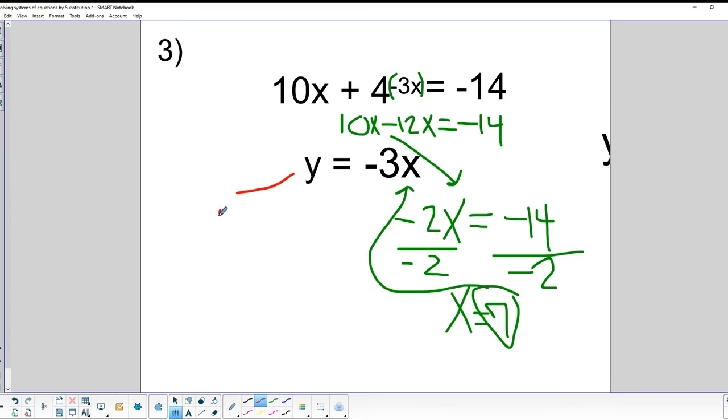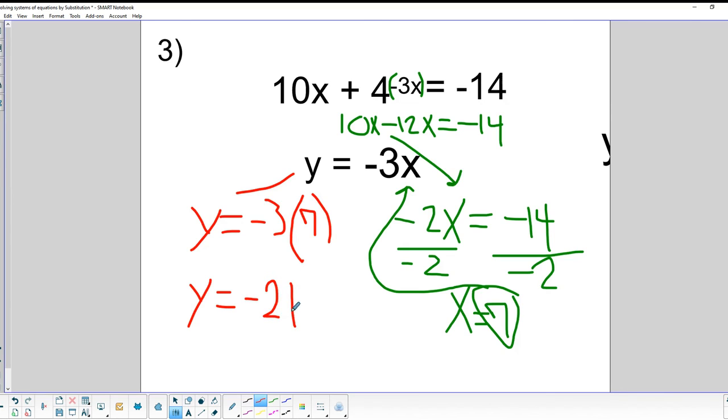So we'll end up with y equals -3 times 7, and that equals -21. So as you can see, these take a little bit of work, but they're not that hard. So (7, -21) is our final solution, and we're good to go.